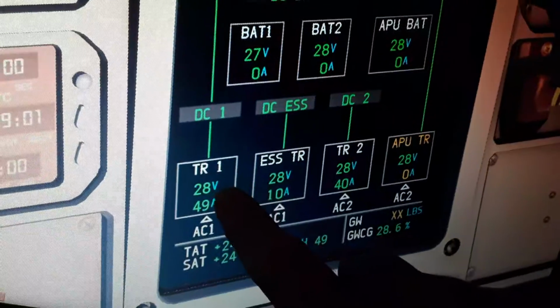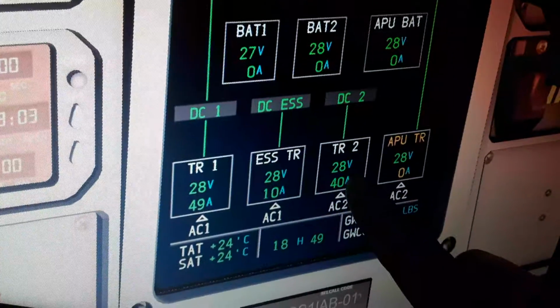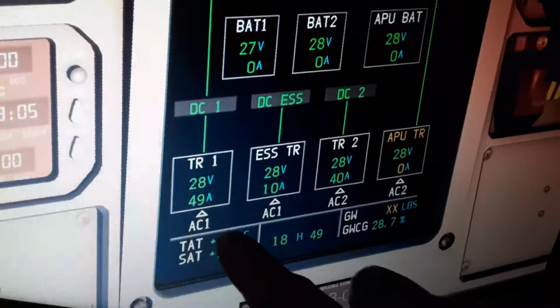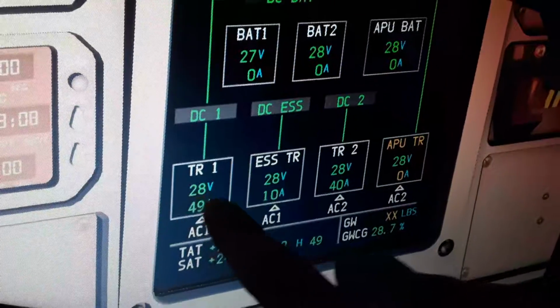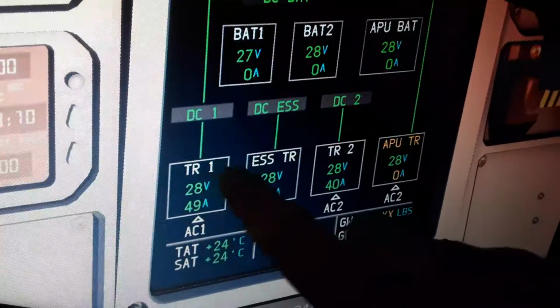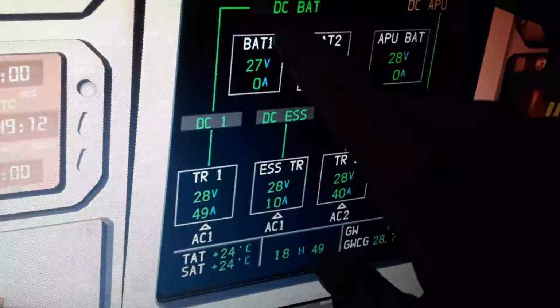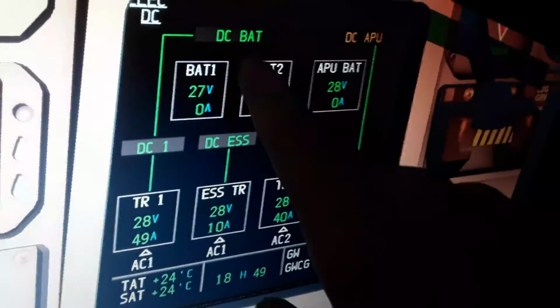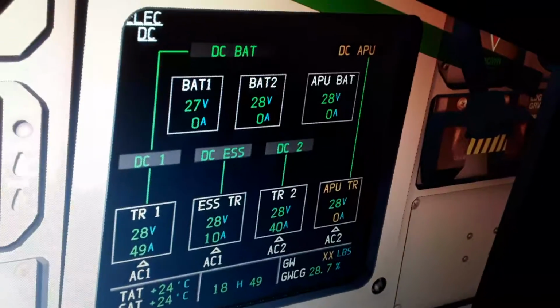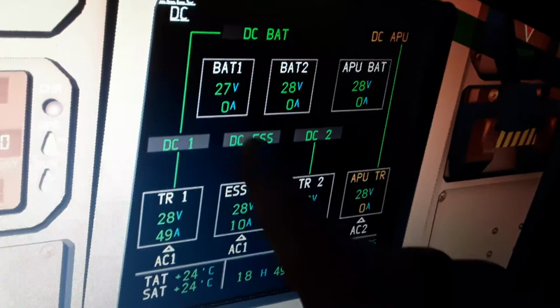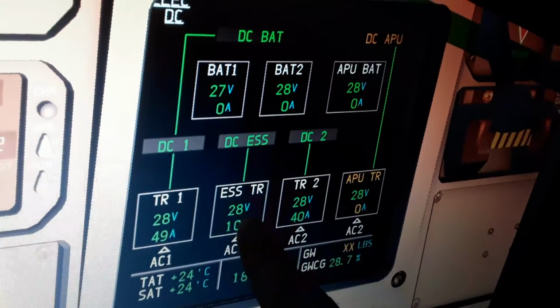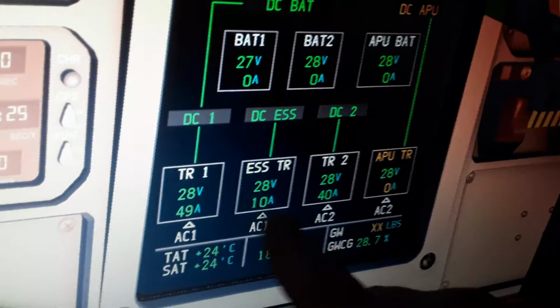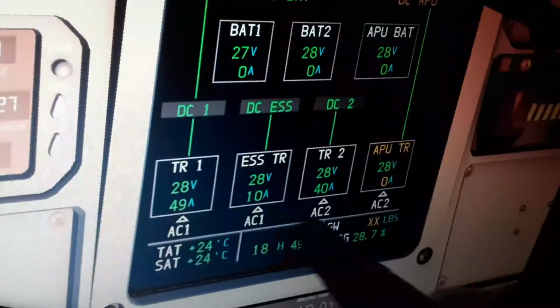And here is transformer rectifier 1 and transformer rectifier 2, which transform the alternating current from the engines or the APU into direct current to charge the battery or supply some systems that use direct current through the direct current essential bus. You can see here 28 volts, 10 ampere hours.